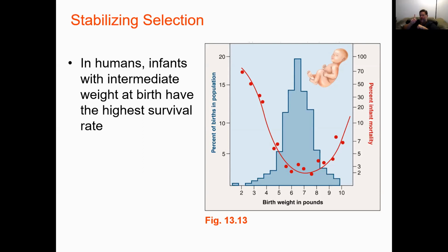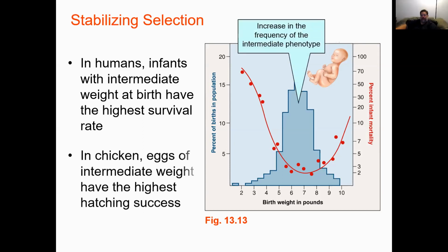They had the highest degree of survival. The mothers had the highest degree of survival. So that is stabilizing selection. The extremes, the really big babies and the little babies, were selected against, evolutionarily speaking. So that's an example of stabilizing selection.